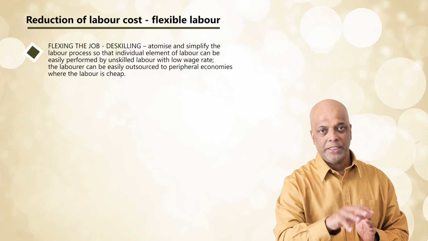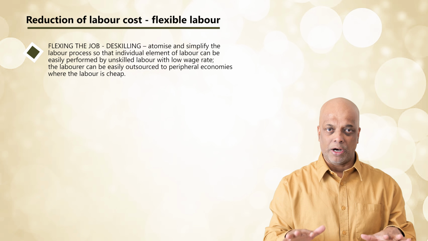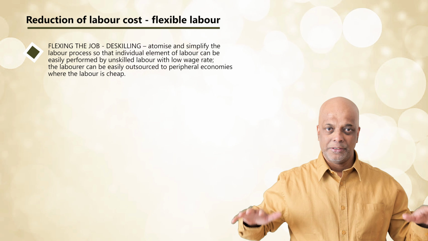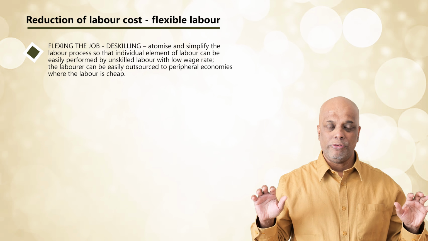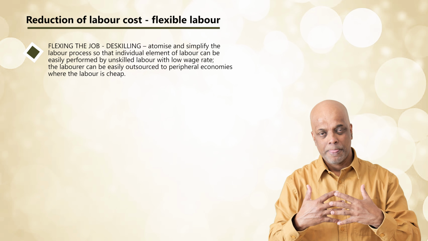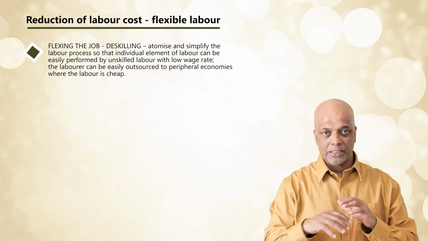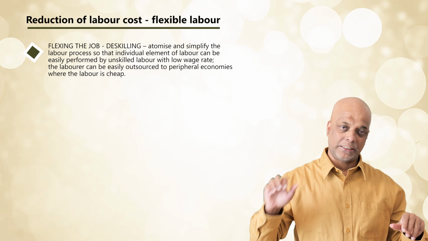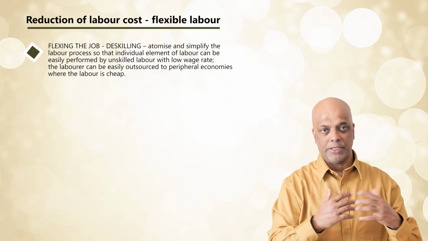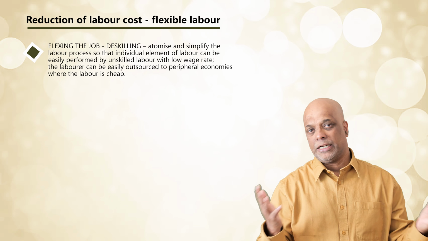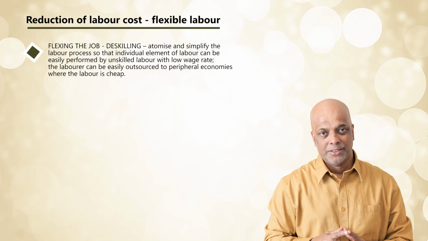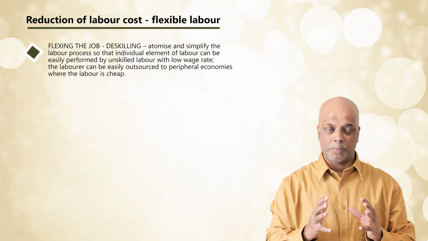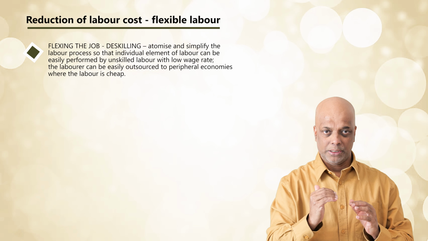And such unskilled laborers can be easily found in the peripheral nations with a very low wage rate. So such de-skilled work can now be outsourced to various peripheral nations such as Sri Lanka, India, Bangladesh, Vietnam, Taiwan, China, and so on. So that is one of the popular methods that the companies are now adopting to reduce the labor cost.